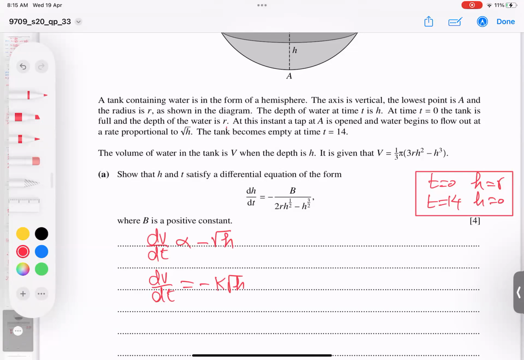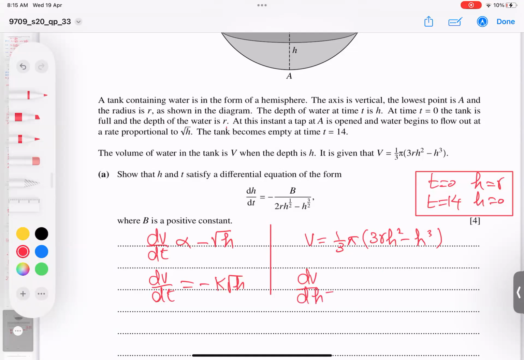So let's see. First part, he said the volume of water in the tank at depth h is given by this formula. So I'm writing it here. Volume is equal to 1 over 3 pi (3r h square minus h cube). Left hand side is volume, right hand side is height. If I differentiate this, what happens, students? dV by dh.